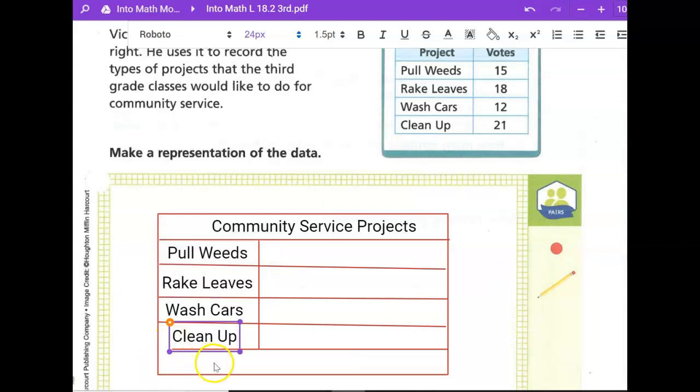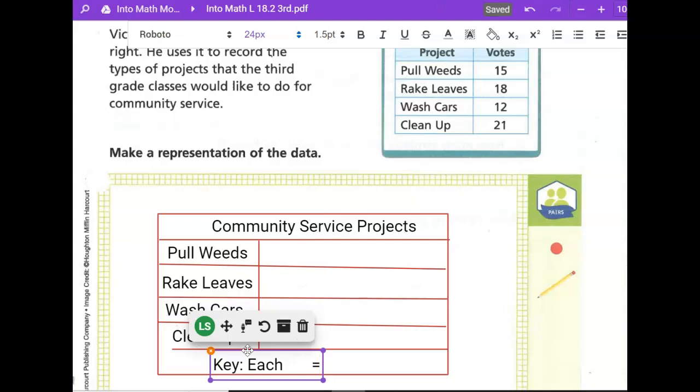Okay, and then we have the key. And we need to decide what symbol we're going to use. So whatever symbol we put in there equals. And let's look at these numbers. What I notice is they're all divisible by 3.